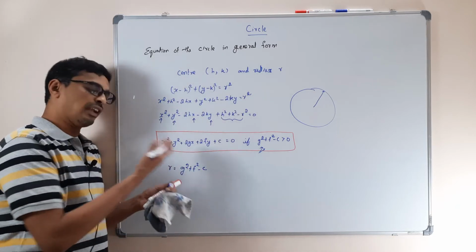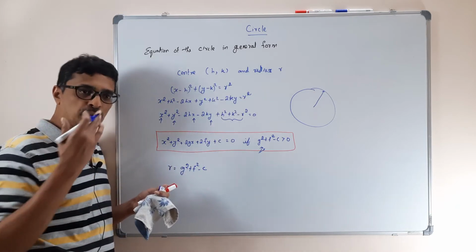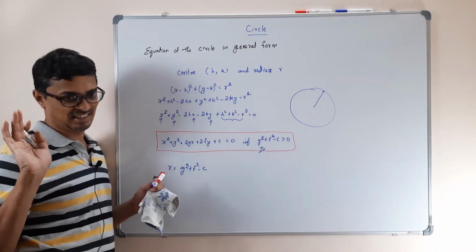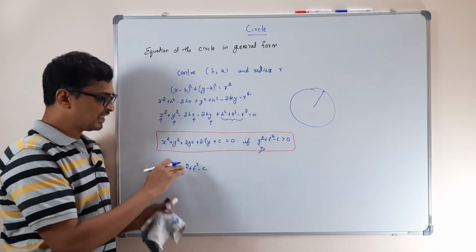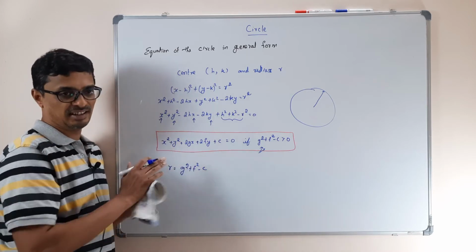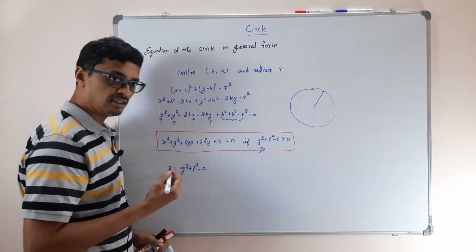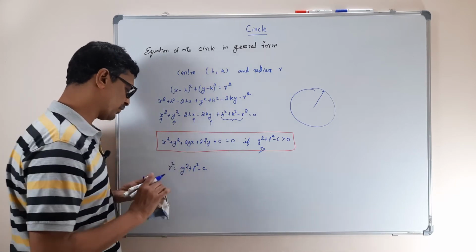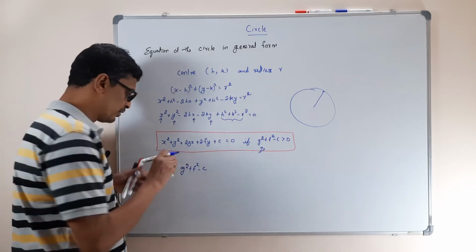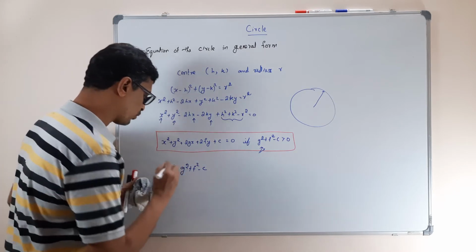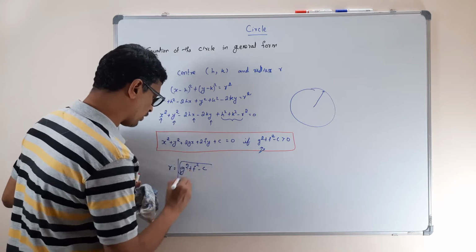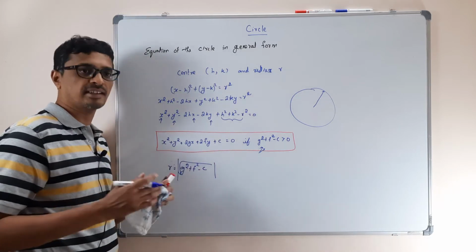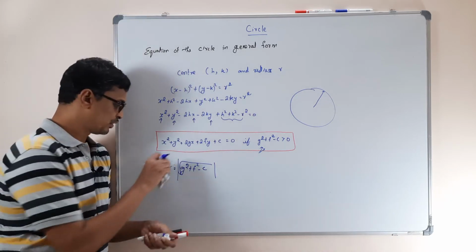And if this comes out to be less than 0, then this cannot be a circle. If it is positive, then that is r square, so r will be the square root of it, and the mod of it, because radius has to be positive always.